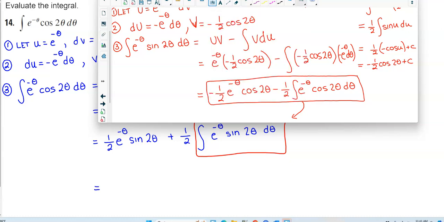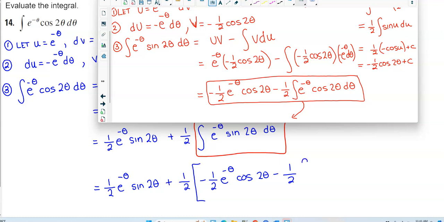So we have 1/2 e to the negative theta times the sine of 2 theta plus 1/2 times negative 1/2 e to the negative theta times the cosine of 2 theta minus 1/2 times the integral of e to the negative theta times the cosine of 2 theta d theta.